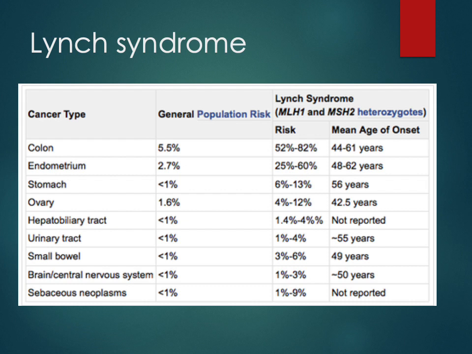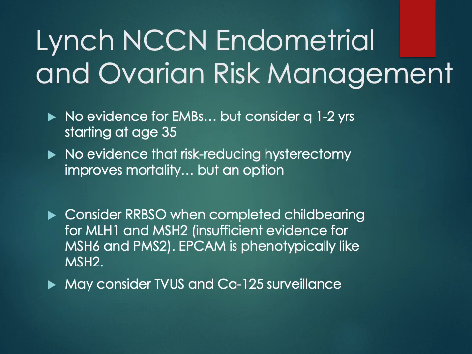Women with Lynch are also at increased risk for ovarian cancer, about a 10% or so lifetime risk. And then also some rare things like I mentioned, the urinary tract, and some strange things like the sebaceous neoplasm and such.